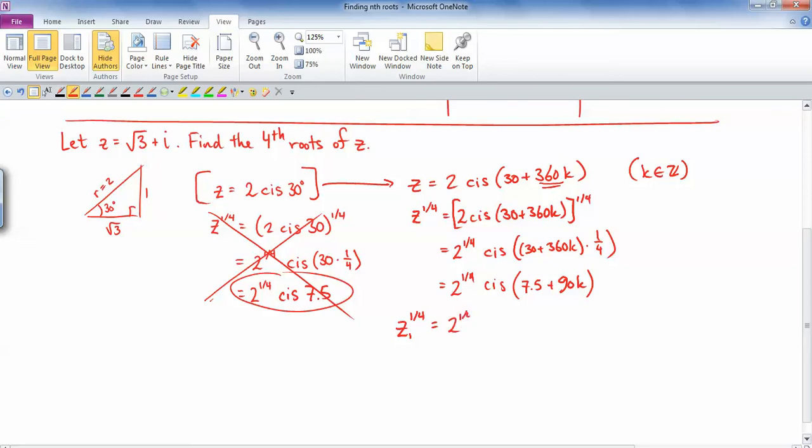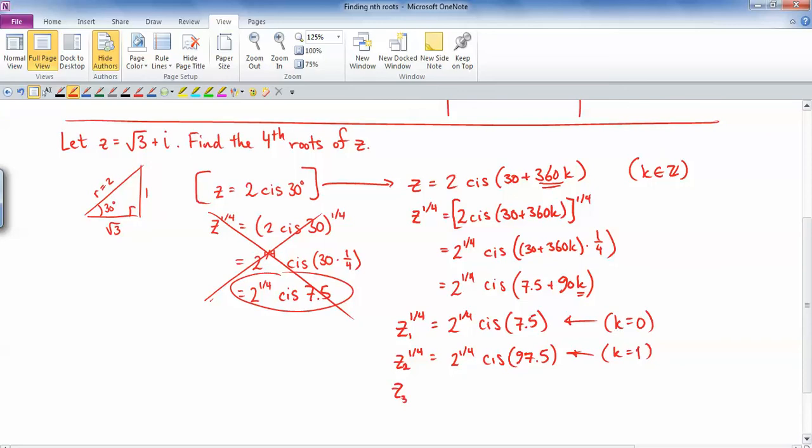It's 2 to the 1/4 cis 7.5 plus 90 times 0. So this right here is when k equals 0. And then we get another one, z sub 2 to the 1/4. Well, that's 2 to the 1/4 cis, and then instead of plugging in k equals 0, we'll plug in k equals 1, and we'll get 97.5. So there's another answer, k equals 1.